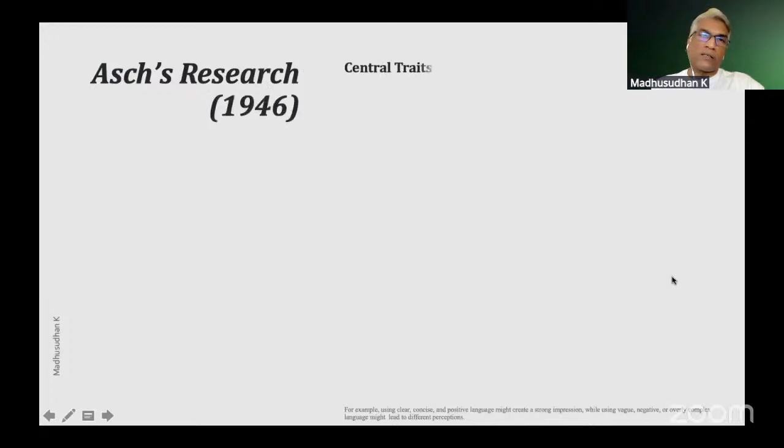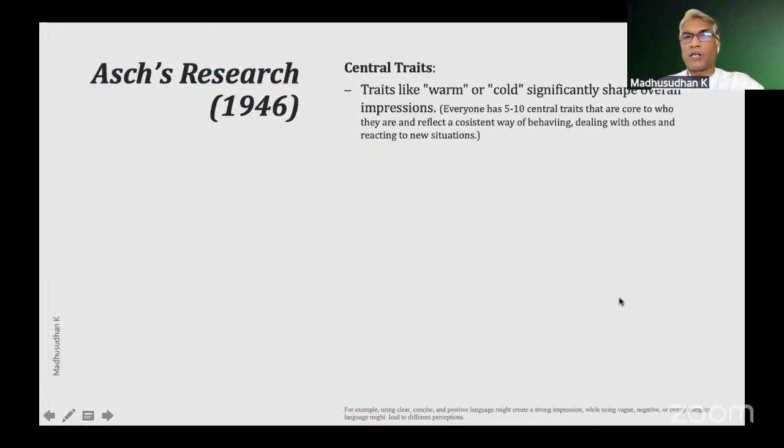So what is this? His research in 1946 talked about traits like warm or cold significantly shaping overall impression. Warm and cold, these are central traits. They make a difference. When they are clubbed with the other traits, warm and cold can influence the entire personality. You can assess the individual based on these two traits only.